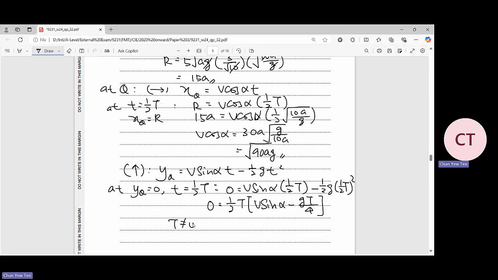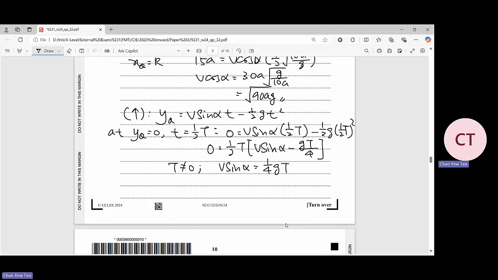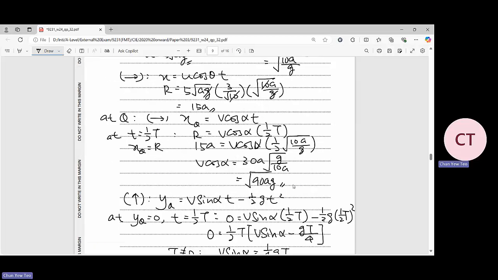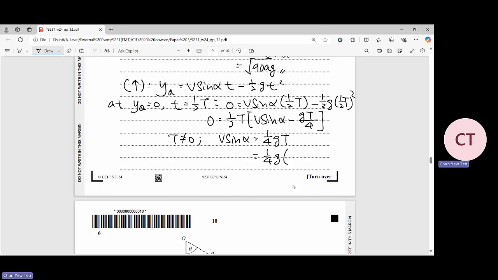The t is not equal to 0. Therefore, your v sine alpha must equal 1 over 4 g t. So changing your t, the t is square root of 10a over g.